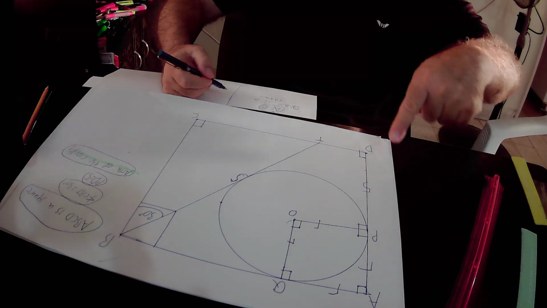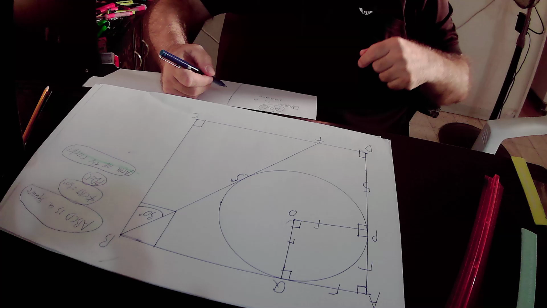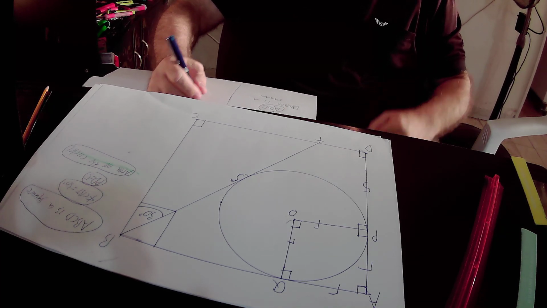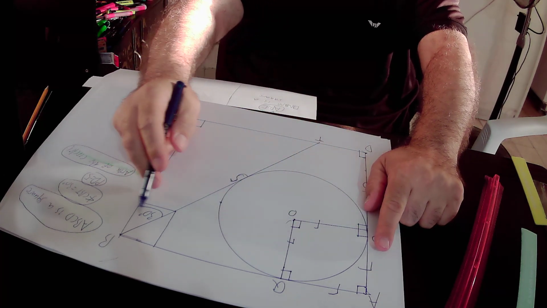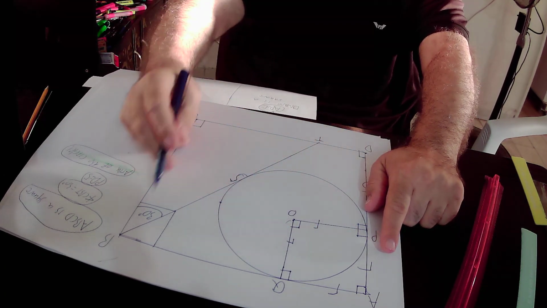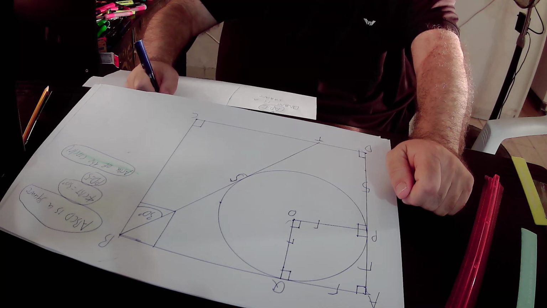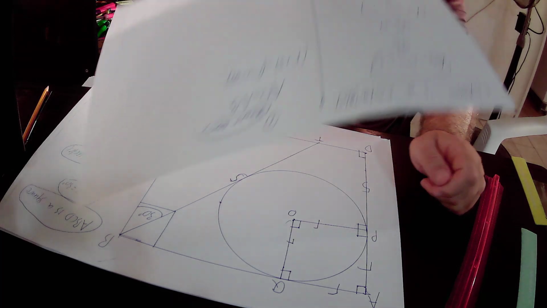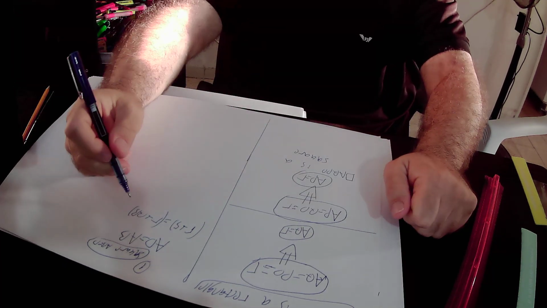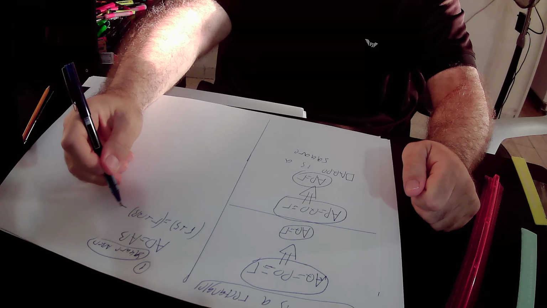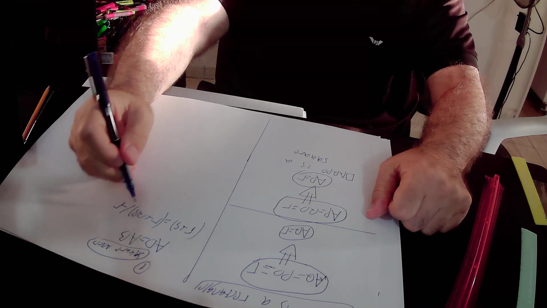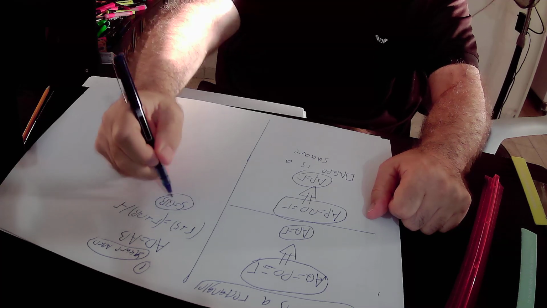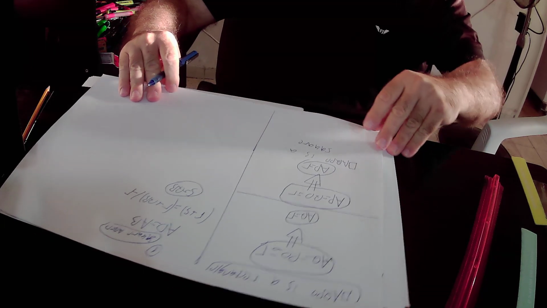Side AD equals R plus 5. And it must be equal to side AB. Side AB equals R plus QB. So, in conclusion, we found out that R plus 5 equals R plus QB. We subtract R from this equation and we get that 5 equals QB. QB equals 5 units.